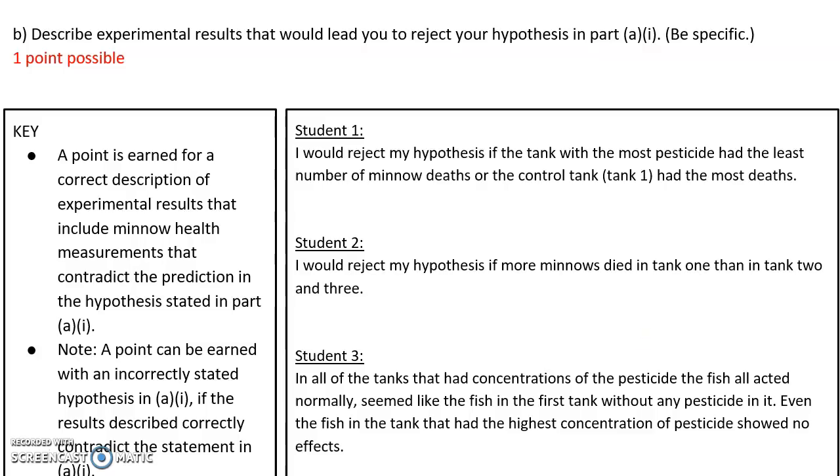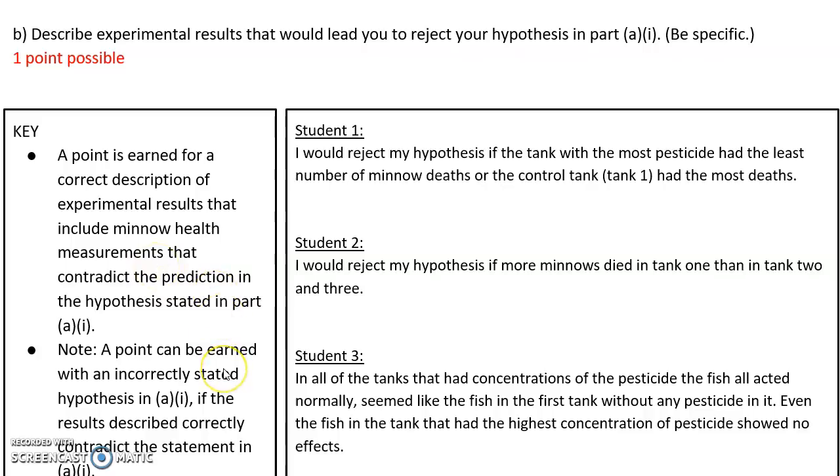All right, B. Describe the experimental results that would lead you to reject your hypothesis. Notice I'm not telling you to tell me what your results would be, but I'm just asking you what results, if you came up with results, if it was this result, then what would tell you, okay, I would reject my hypothesis. So the key is a point is earned for the correct description of experimental results that include minnow health measurements that contradict the predictions you had in your hypothesis.